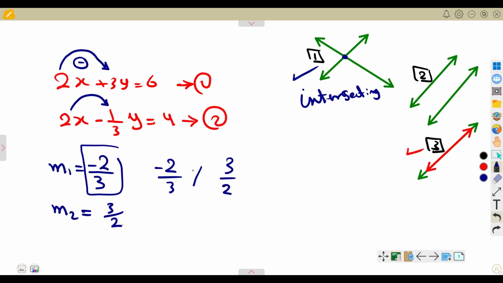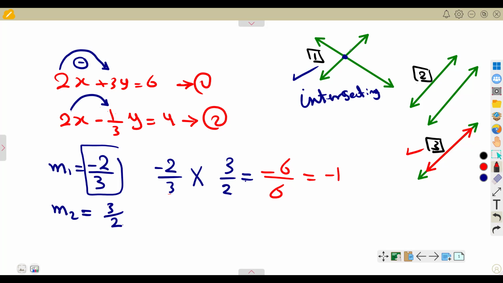When we multiply them together, it will give you minus 6 over 6, which is minus 1.